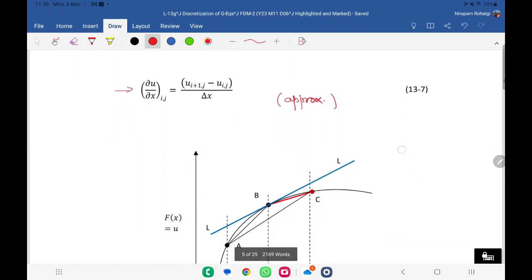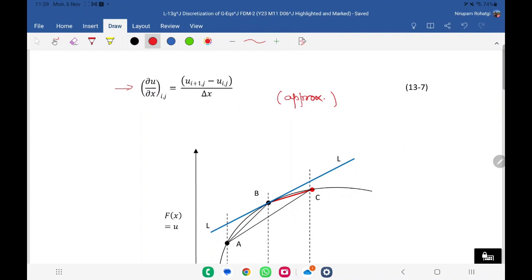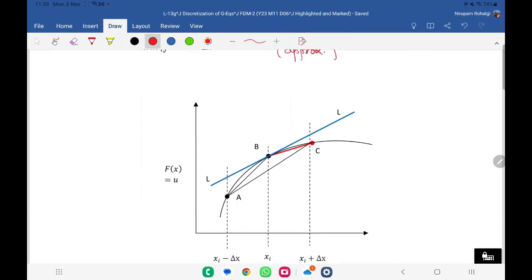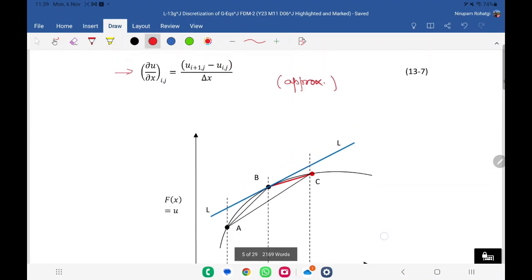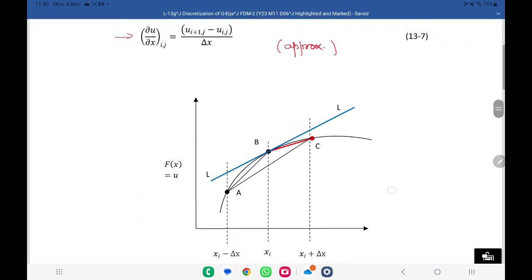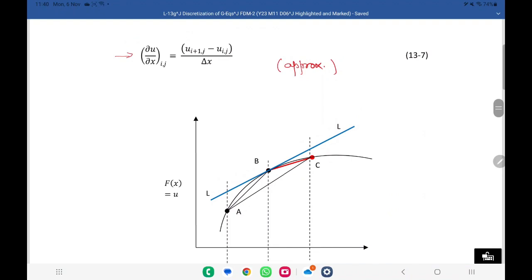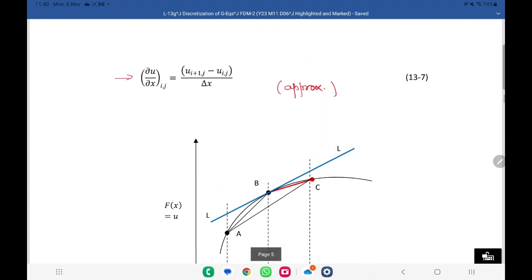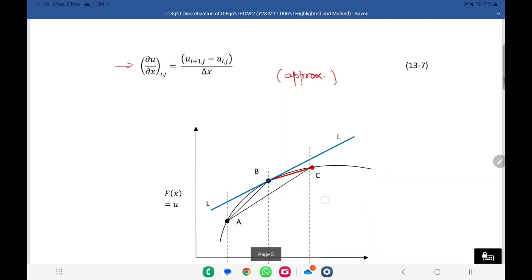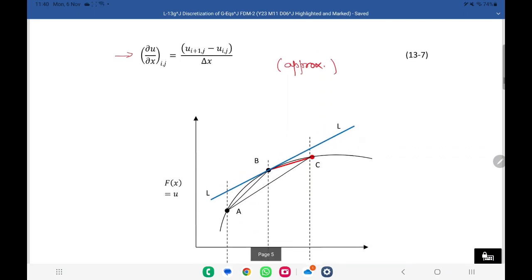Now, if you want to represent this, you can say if your function is like this. Now what you are saying is, look at the above equation, the derivative at this point, del u by del x at xi. This equation is talking about the derivative at this point.